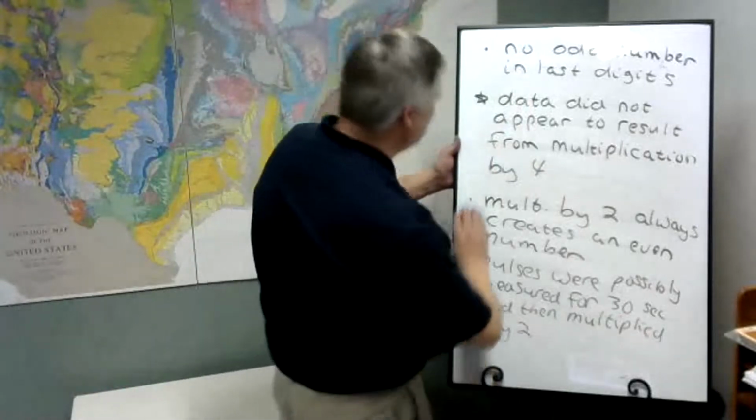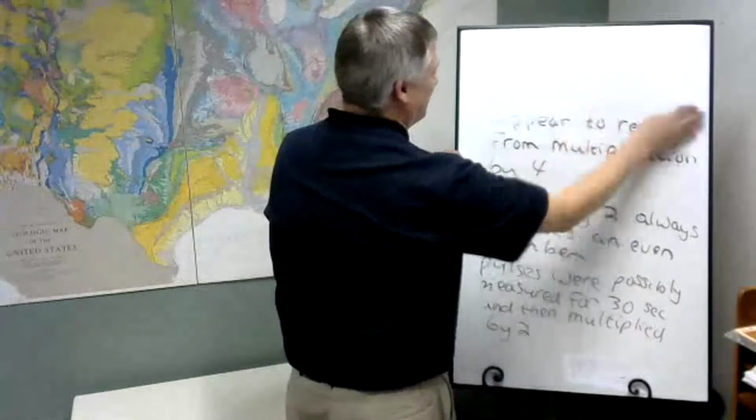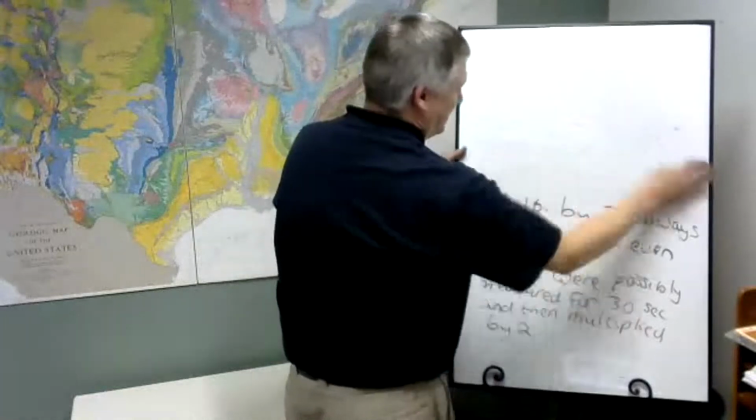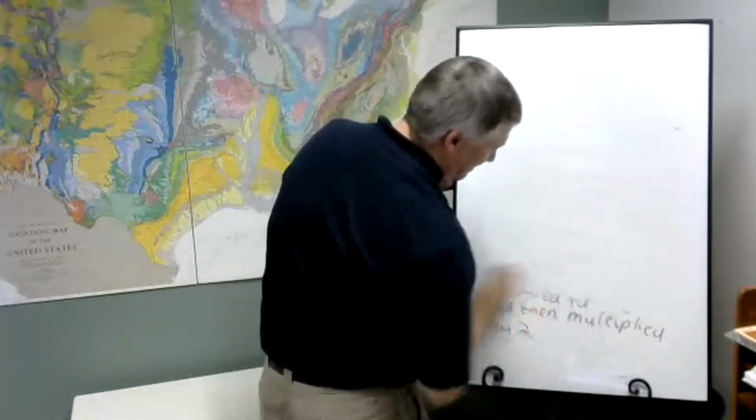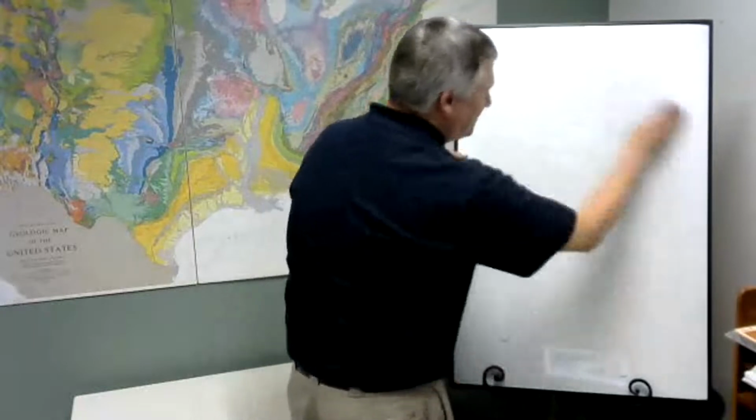So other things you can maybe infer by looking at your data. So this one here, we didn't actually look at the data to make this conclusion. Well, I guess at some point we had to. We had to count up how many last digits were odd and how many last digits were even, or let me go back, how many last digits ended in a 1 or a 3 or a 5 and so on, how many last digits ended in a 0 or a 2 or a 4 and so on.